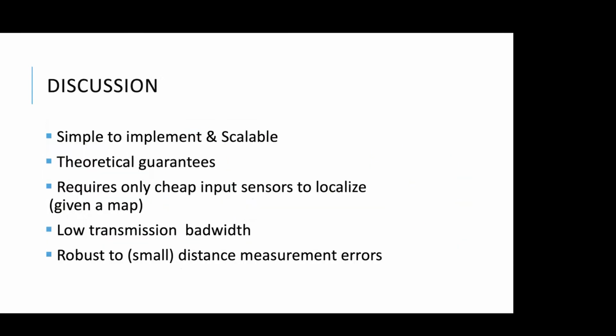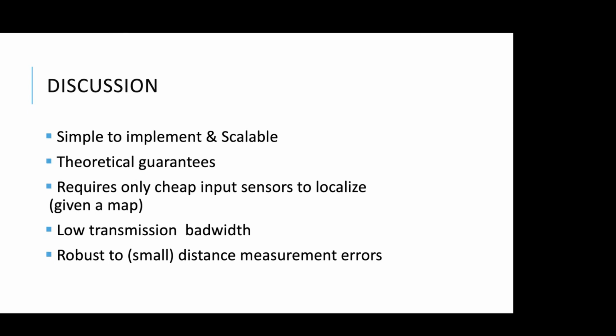So it works with relatively cheap hardware and yields a very low transmission bandwidth, right? We require only like 6 floats, maybe a payload header, but a very small message to transmit over the network, especially in ROS. For those who are familiar, the messages are quite small. And we are robust to errors in distance measurements, right?